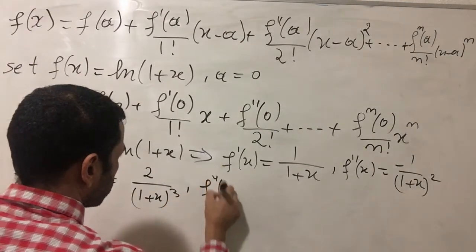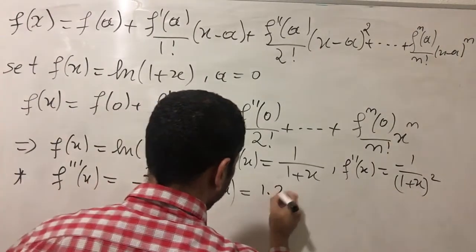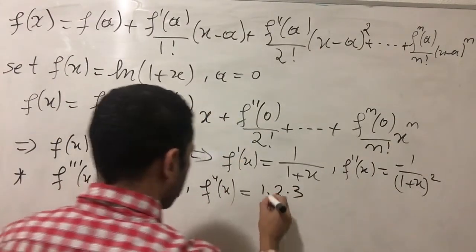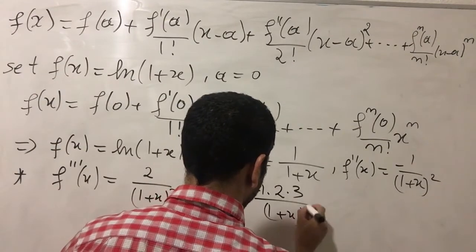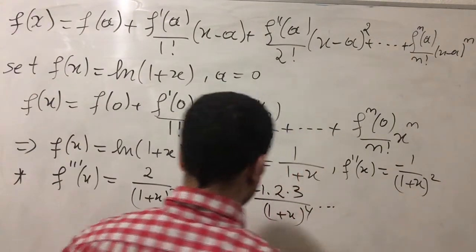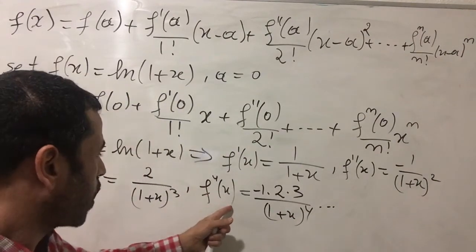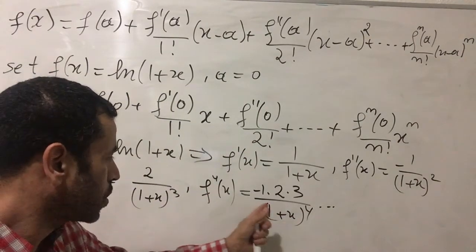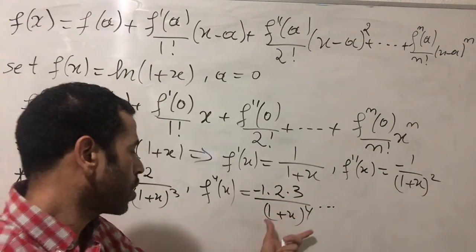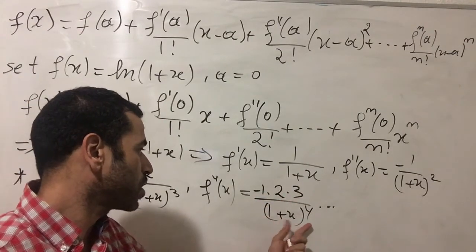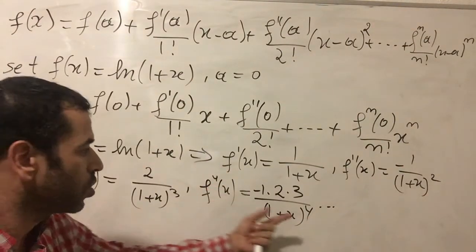The fourth derivative function of this natural log is 1 multiplied by 2 multiplied by 3 with a minus sign outside, over 1 plus x to the fourth. Okay, and so on. As you see here, in the fourth derivative, on the denominator you see 1 plus x to the fourth, an exponent equal to the derivative order.